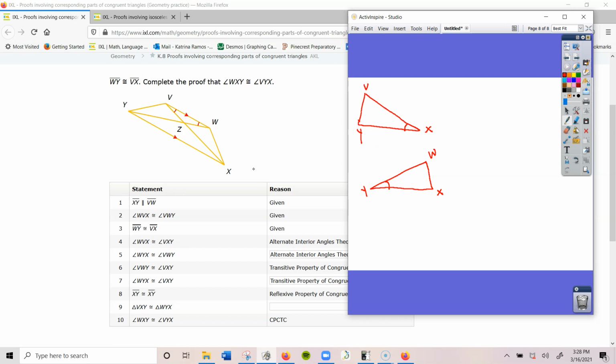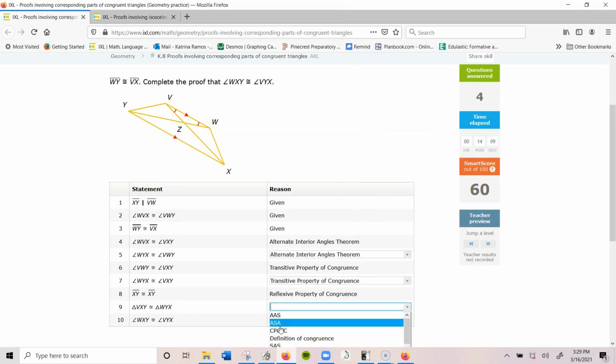We also have from the given statements that WY is congruent to VX. Okay, and that XY is congruent to XY. So what we have here is side, angle, side. So that's how those two triangles are congruent.